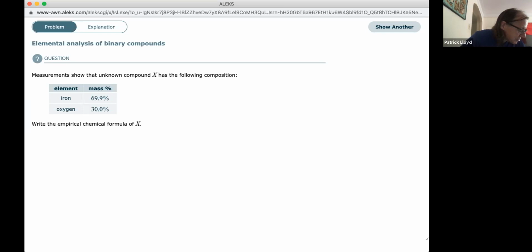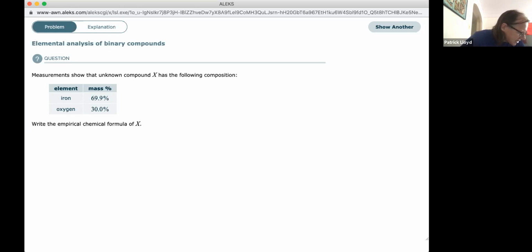Notice those two numbers come pretty close to adding up to 100. You get about 99.9, and if it's pretty close to 100, that means those are probably the only elements in the compound. If it came out to, let's say, 95% and we were off by 5%, that would mean there's probably a third element in it, right? And people would try to figure that out.